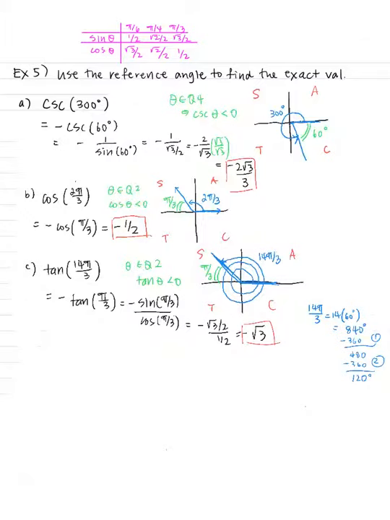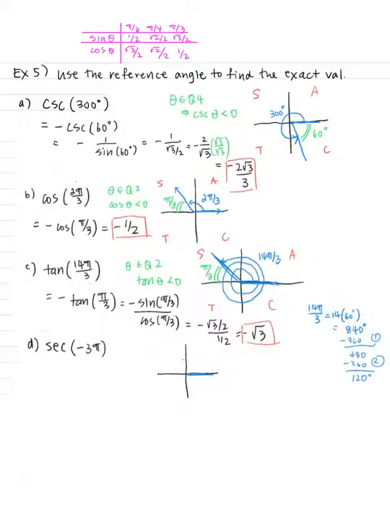A, B, C, D, or D. Okay, how about this one? Secant of, and let's go negative side, negative 3 pi. Why in the heck not, right? Let's draw it out. Let me change the color here. Initial side. And we're going to have to go negative 3 pi.